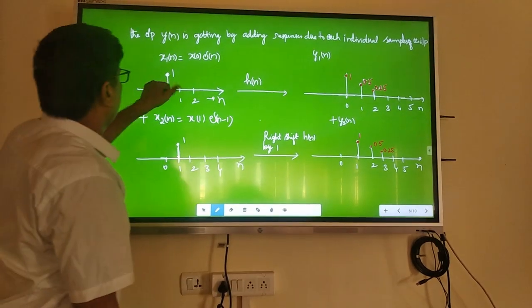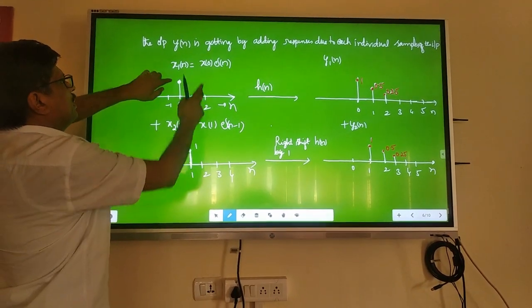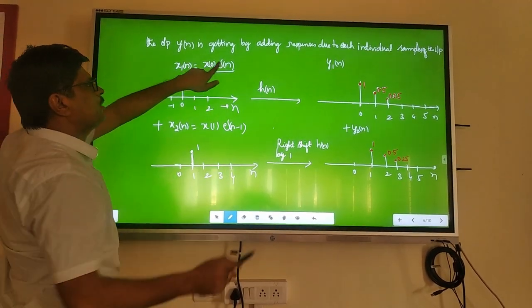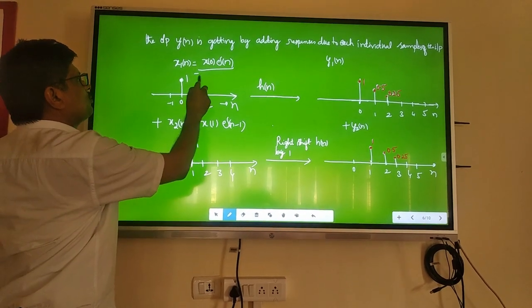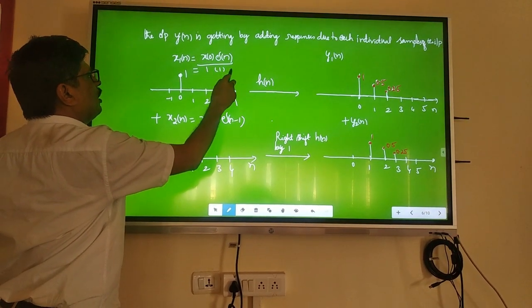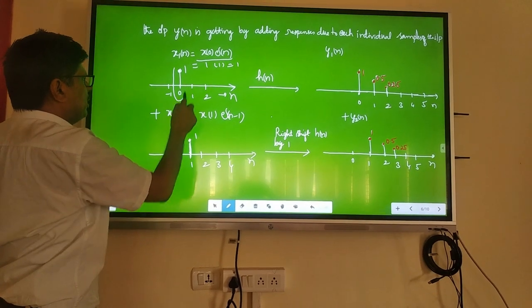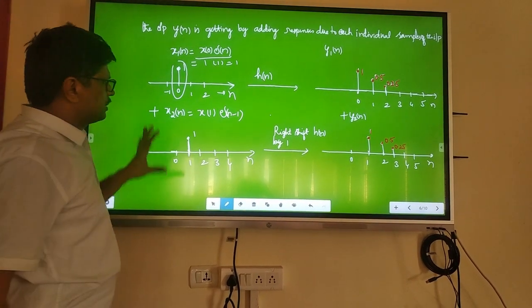That is how I am writing it. The first sample is x1 of n equal to x0 into delta of n. x0 is 1, delta of n is 1, and 1 into 1 is 1. That is how the first individual sample is written.